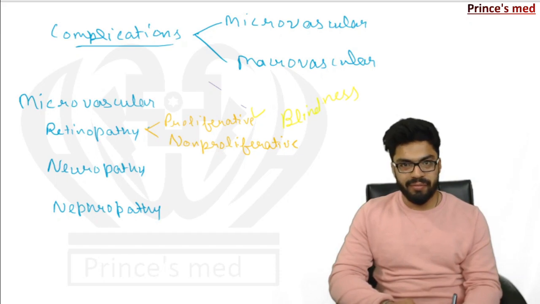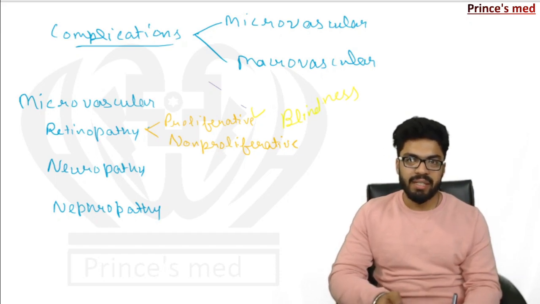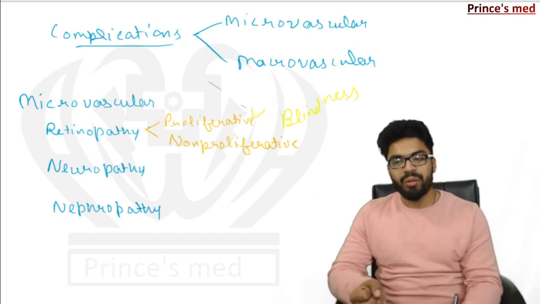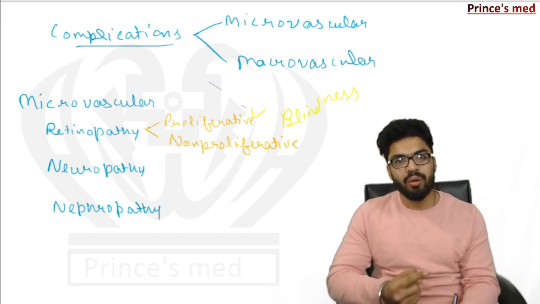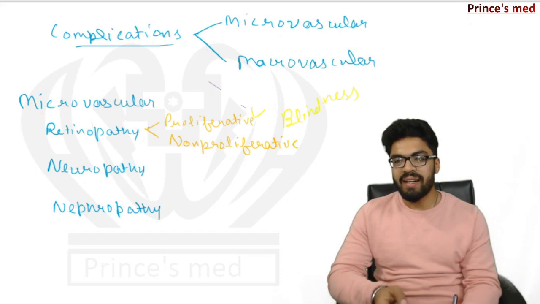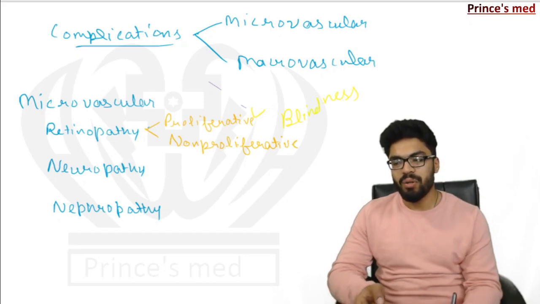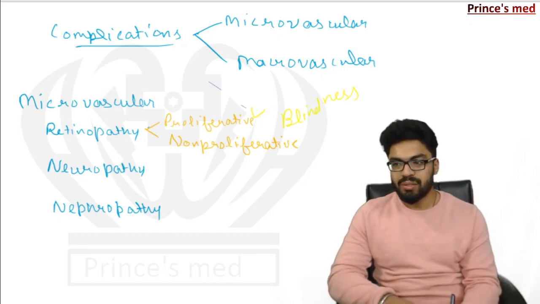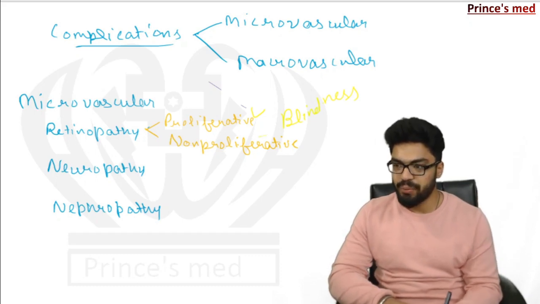If retinal detachment takes place, it means the receptors of the eye are detached, so signals can't go to the brain, and blindness takes place. And in the non-proliferative case, we have aneurysms in the blood vessels of the eye and more, which leads to blindness in the case of retinopathy.